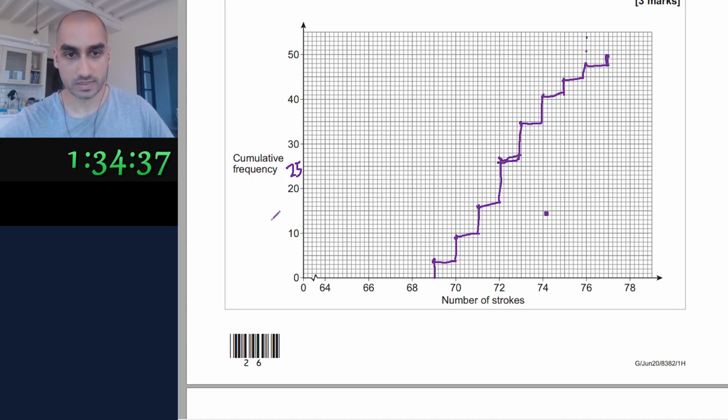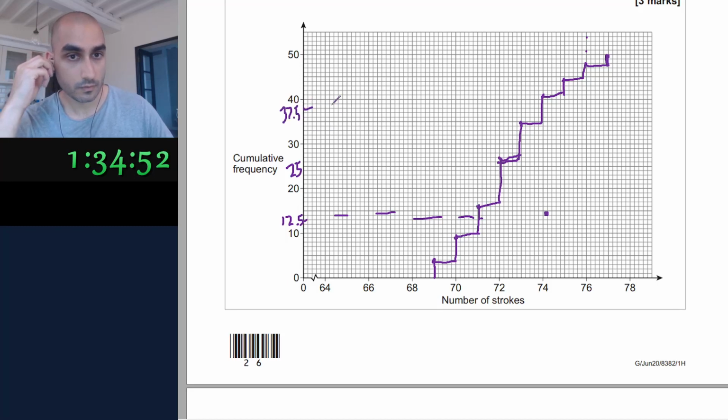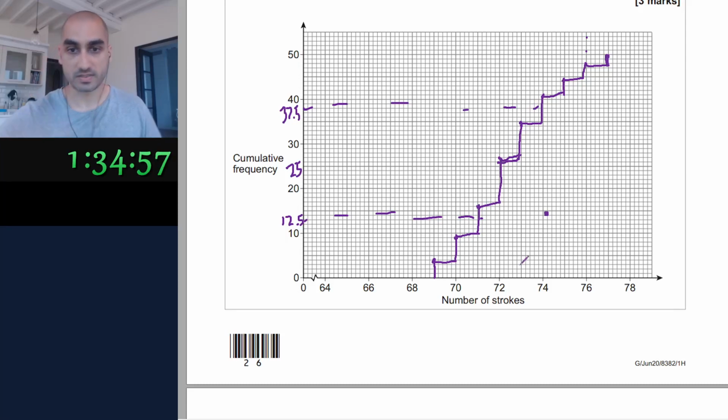And the upper quartile, 37.5, which corresponds to 74.